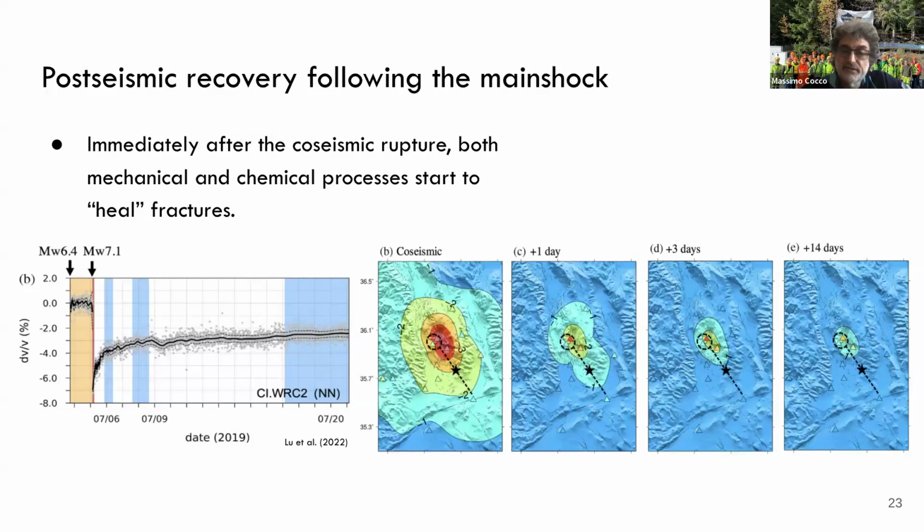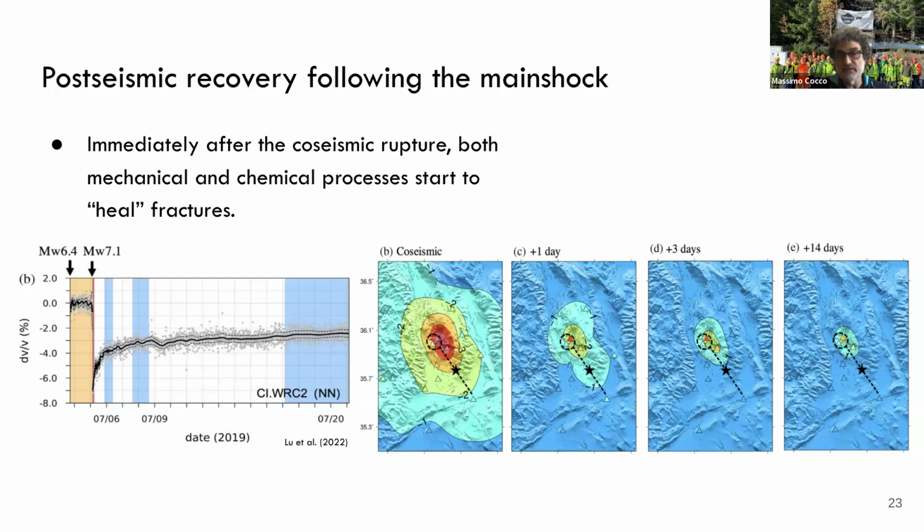Bryan, can I ask a question? Yeah, please. So I am a bit confused here, because which is the origin of the change in wave velocity? The perturbation in the stress state, or the dynamic passage of the seismic waves?